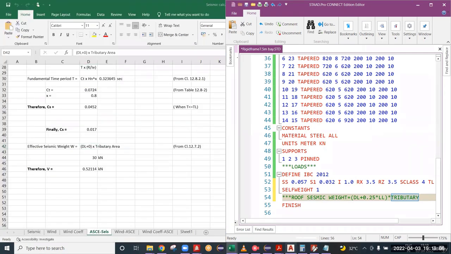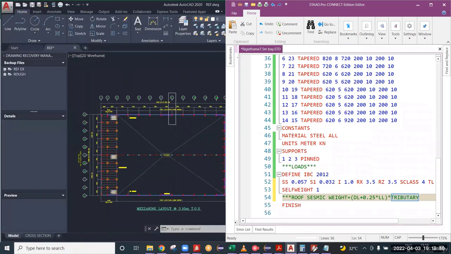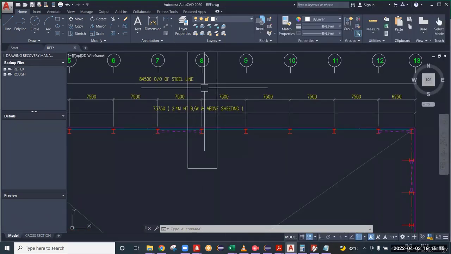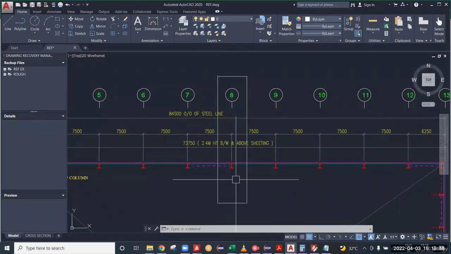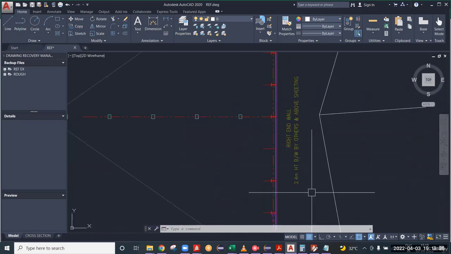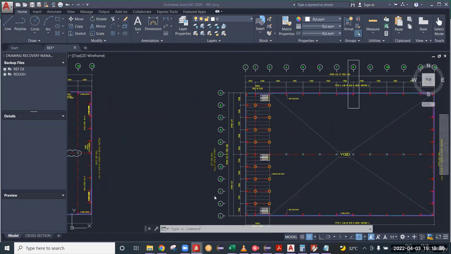Okay, all of you guys remember what is tributary, right? So in yesterday's example we have seen, so for the grid line 8, what is the tributary value? 7.5. Okay, width no need to give width, directly we have given geometry, right? Along with we have provided geometry.